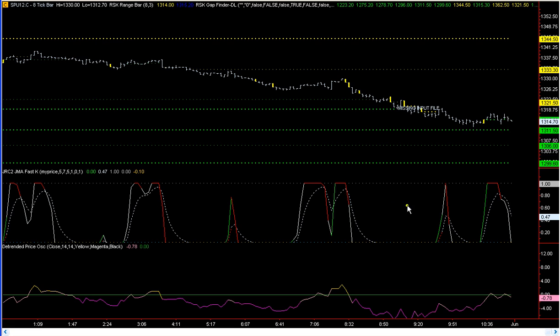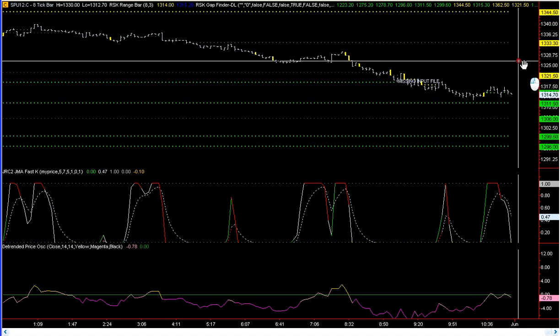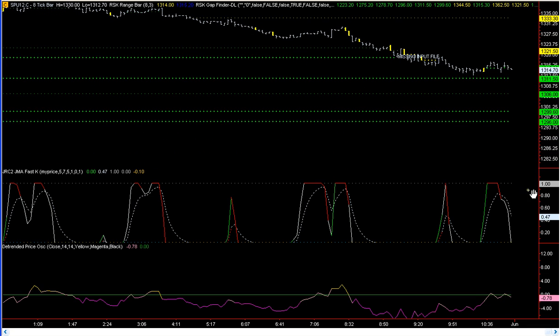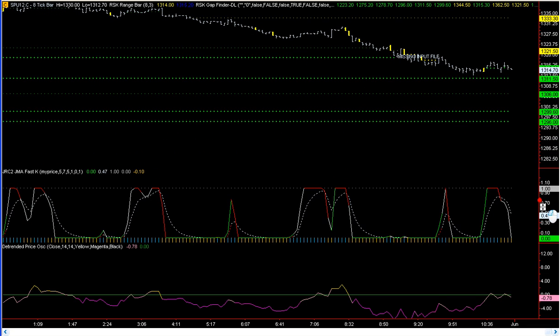But the point of the matter is that the large contract, when you're just running this data feed, gives you a real strong basis for making sure that you're trading in the right direction. So either the slope, or getting into an overbought or oversold level is very important.